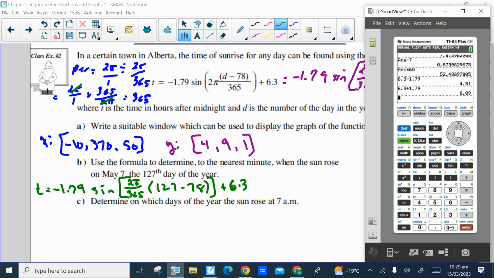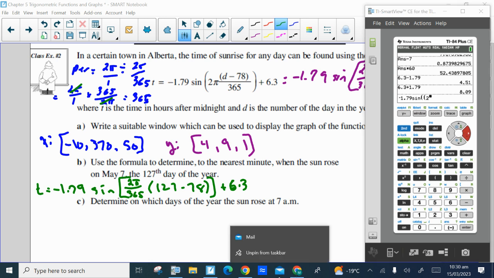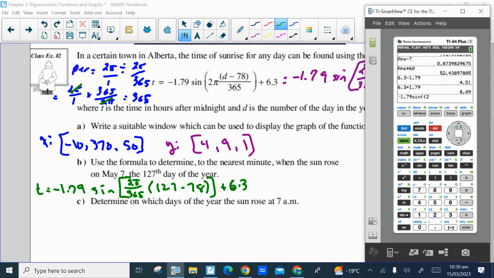So again, we need to be in radian mode for this. Negative 1.79 times the sine. So we're going to have another bracket here to go 2 pi over 365.